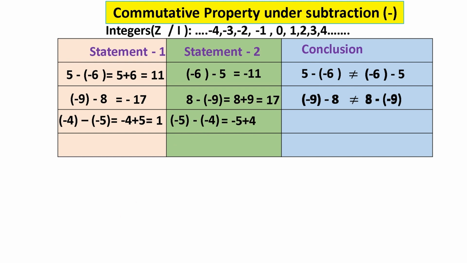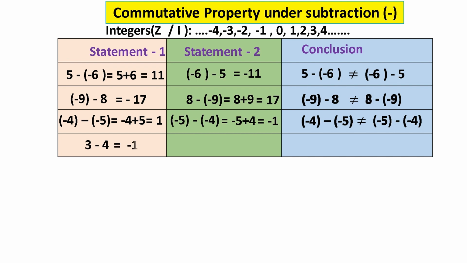Minus 5 minus of minus 4 is plus 4, and we get minus 1. In statement 1 and statement 2, we observe it's plus 1 and minus 1. So both are not equal. Now, by conclusion, minus 4 minus of minus 5 is not equal to minus 5 minus of minus 4.